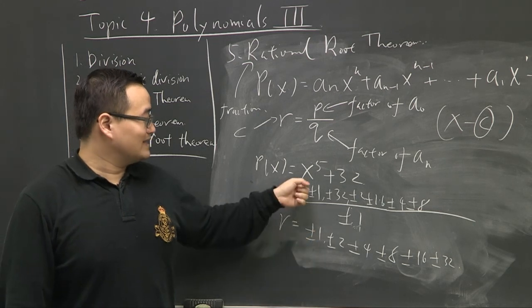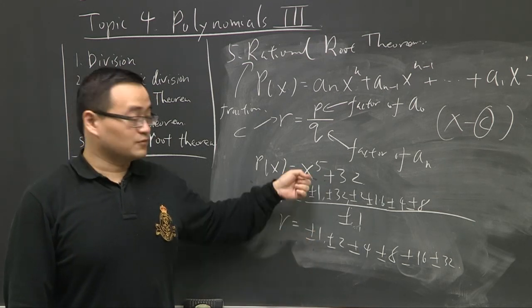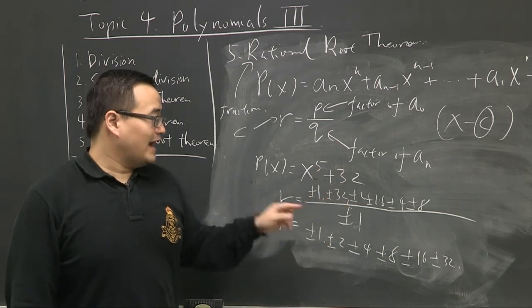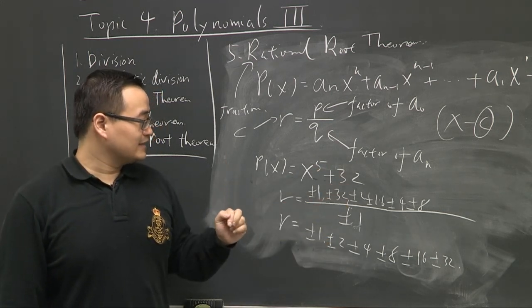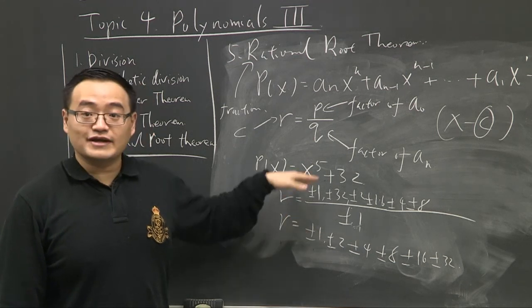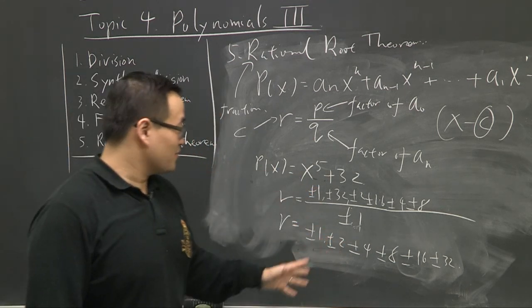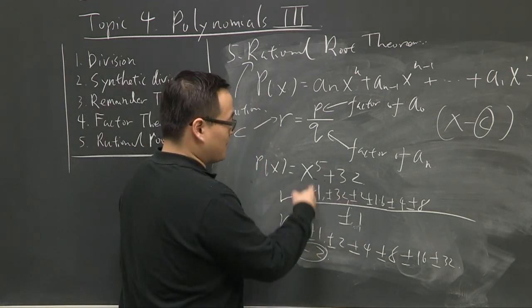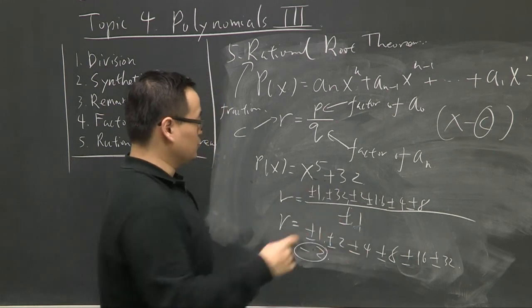I'm going to pop in 1. That obviously doesn't work. -1 doesn't work. What else? Let's pop in 2. 2 doesn't work. Too big. I can pretty much conclude that anything positive is just too big. It doesn't work out. Negative, on the other hand, works. If I pop in -2, that works, because I get -32 plus 32. I get 0 out of it.